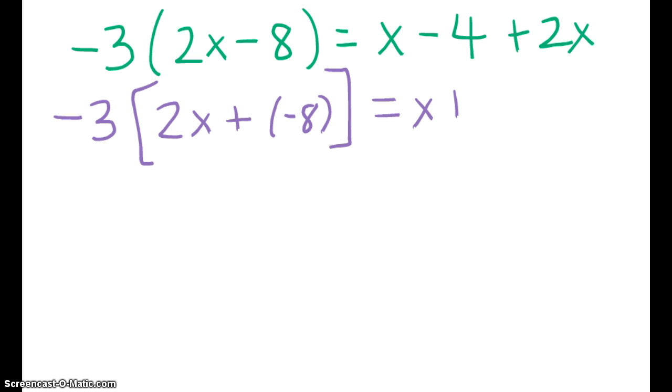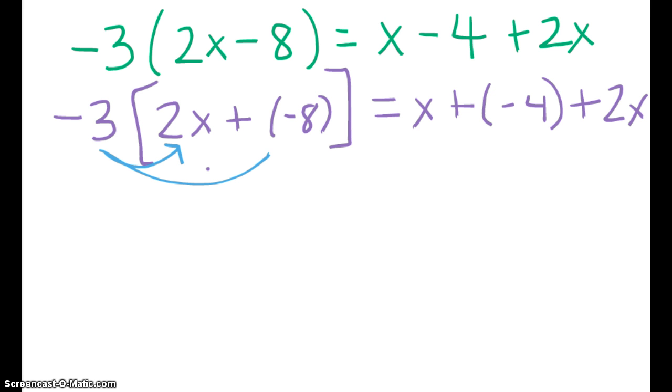Equals x plus negative 4 plus 2x. Now on the left side of the equation, I'm going to distribute negative 3 to everything inside the brackets. So negative 3 times 2x is negative 6x, plus negative 3 times negative 8 is 24.